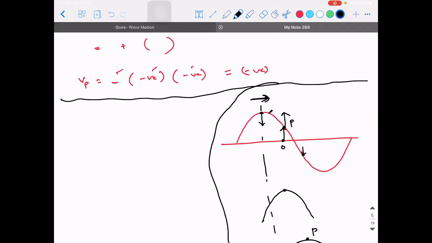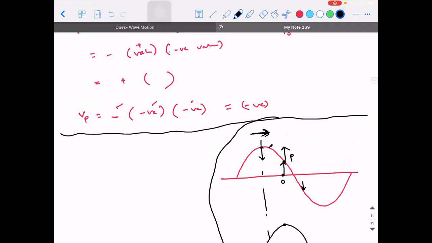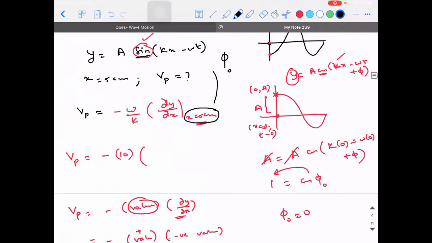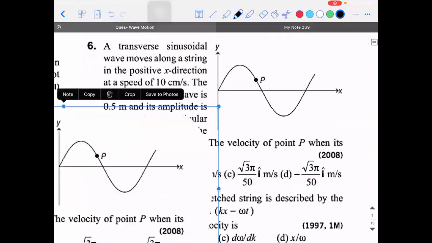Or else, if you want to solve it, it involves a lot of mathematics, because we have told you x is equal to 5 centimeter. You have to substitute x is equal to 5 centimeter here, then find the corresponding y value and then solve. You need time also. So it is a tedious process. So I eliminated this. That's not the objective of these kinds of problems. It's for you to find the direction.